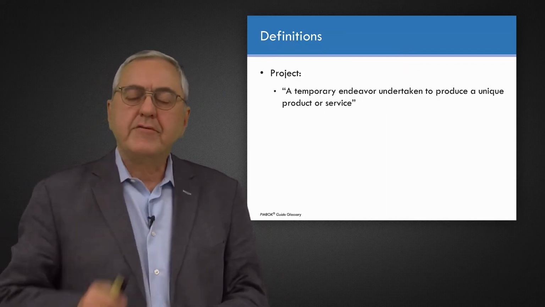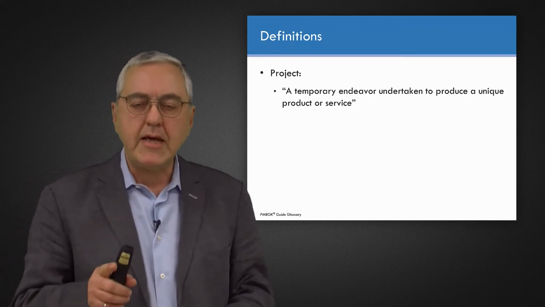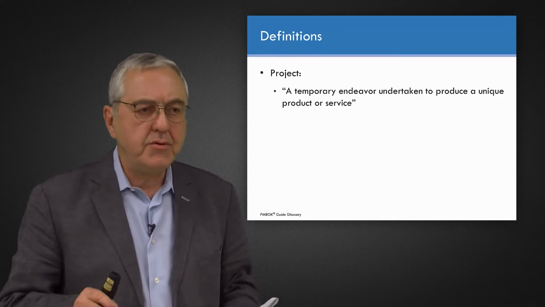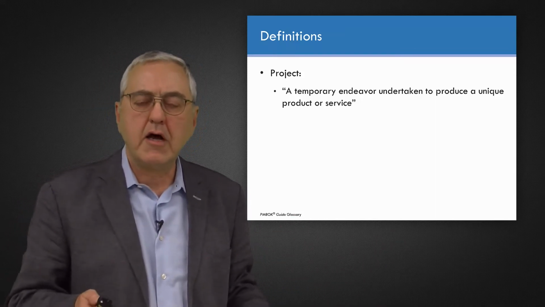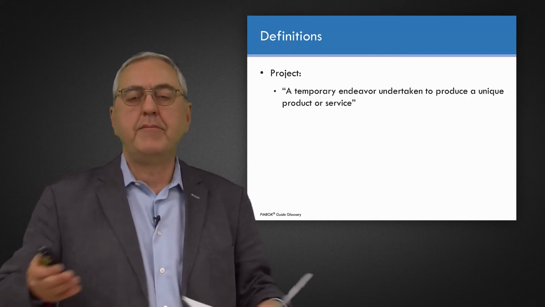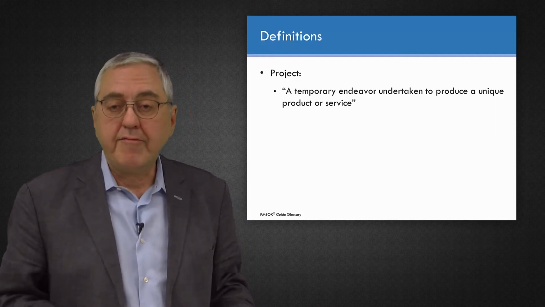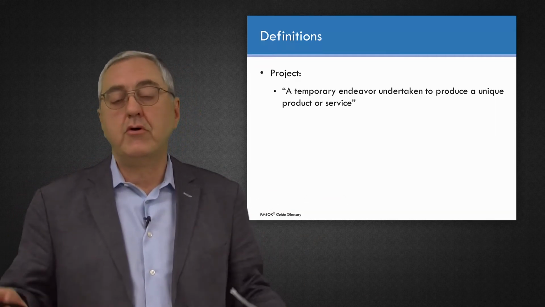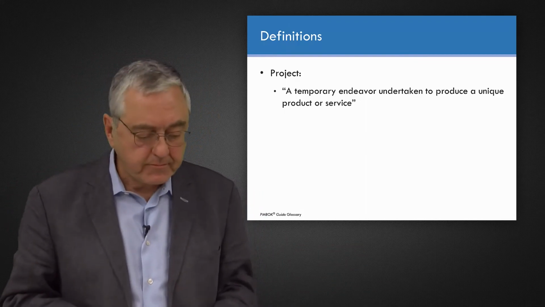Now, this definition is very broad. This definition could apply to me this weekend, planning to take everything out of my bedroom closet and install a closet organizer. I'm going to do it in a couple of days, and it's a project that has a start and a finish. It's going to produce a unique product or service. And I'm going to use the whole range of project management: scope management, time management, cost management.